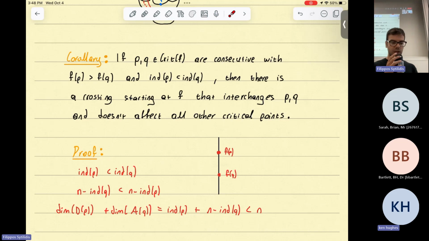The only thing I was wondering about is when you said we know that we don't have a transversal crossing. But in these dimensions, that means that actually they don't cross at all. Yeah, right. Because the condition is that you don't want them to cross at all.